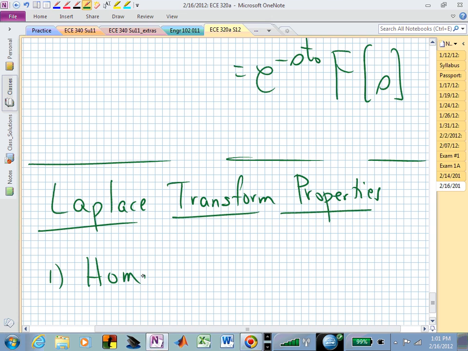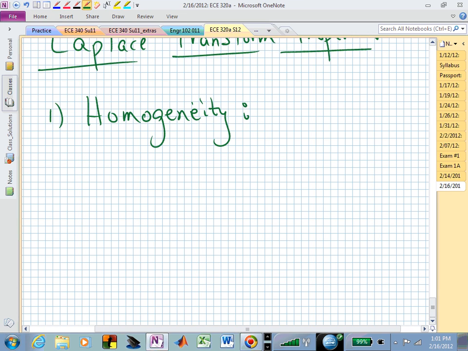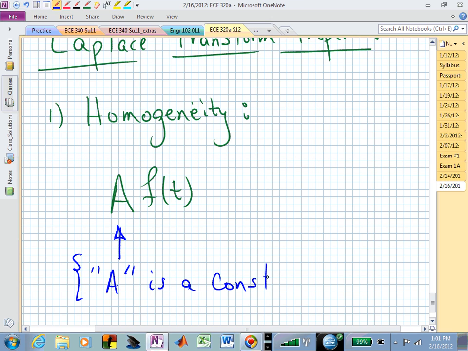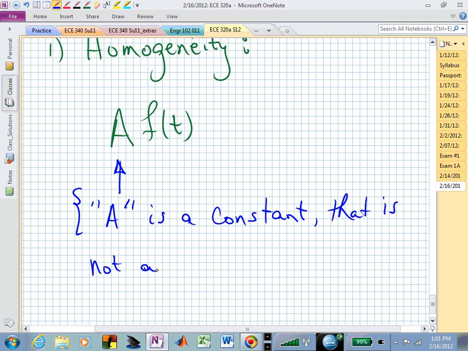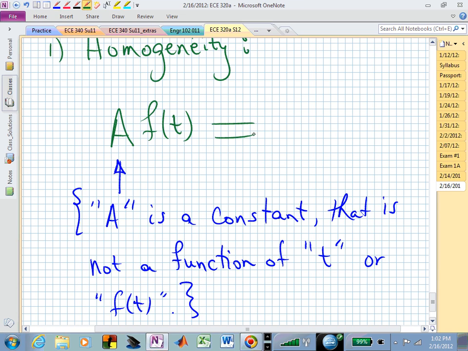One is homogeneity, which says that if I scale this time domain waveform f of t by a, where a is just a constant, meaning that it does not depend on time t or f of t, A is just a number, a constant, capital A. Now if I want to find its Laplace transform, what would you guess that Laplace transform was going to be?